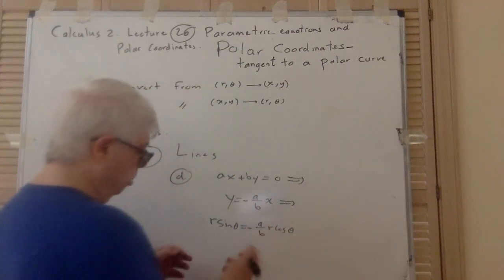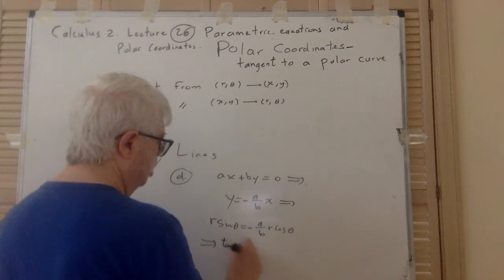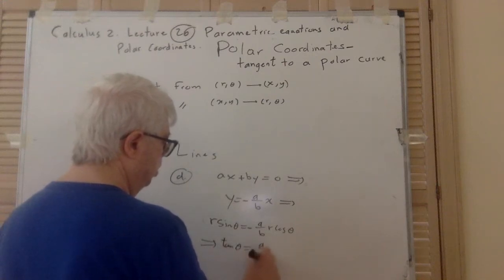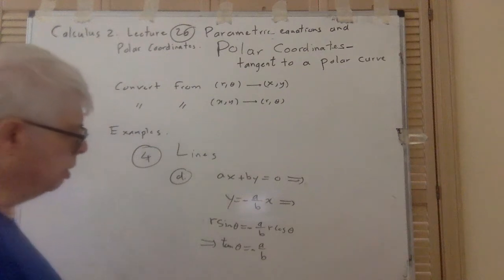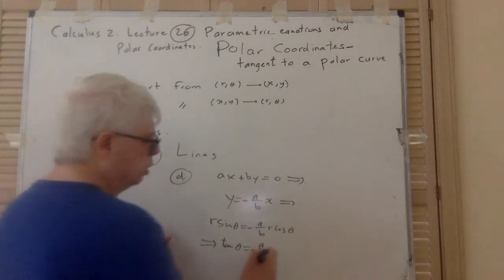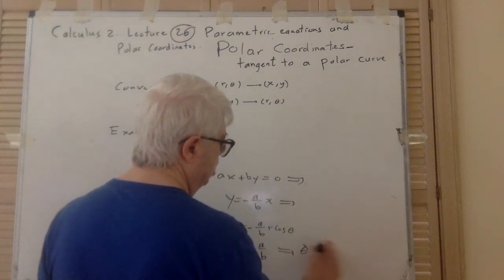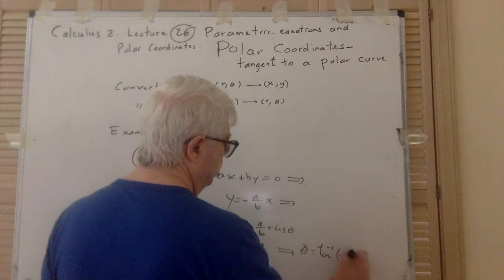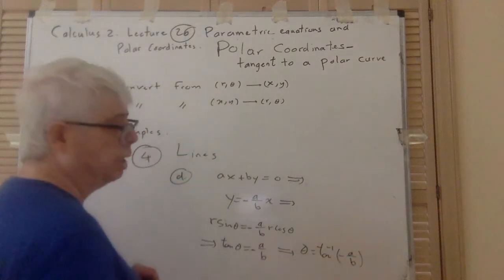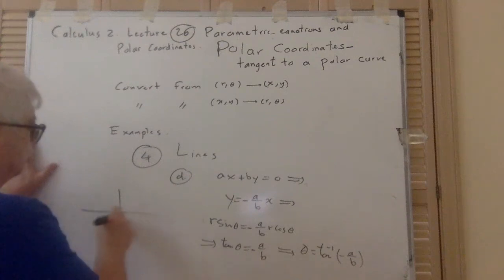Just look, there is no r. So that gives me tangent theta is minus a over b. And there's no r. So what is this? This just tells me that theta is something. Theta is tan inverse of minus a over b. And theta equal to tan inverse is in fact this line, one of them, depending on the situation. A and b, positive or negative, you will get something like this.